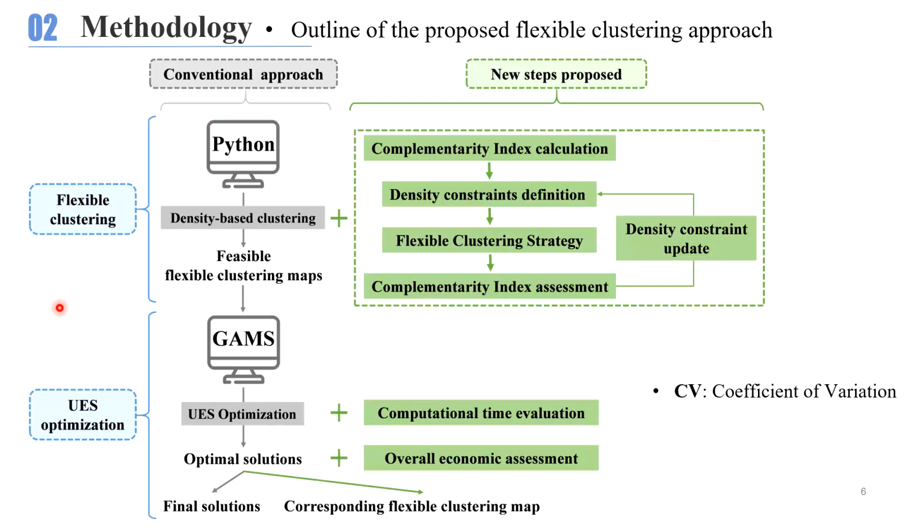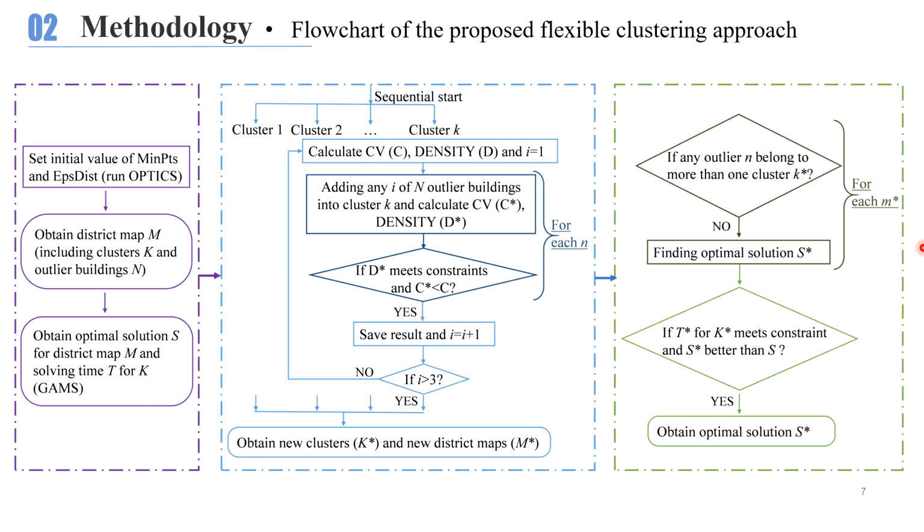And as illustrated, the right part is the details of the proposed new steps of the novel approach, which is based on the conventional clustering approach, and more details are shown in next slides.